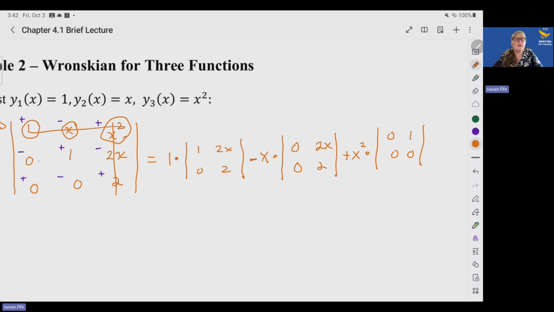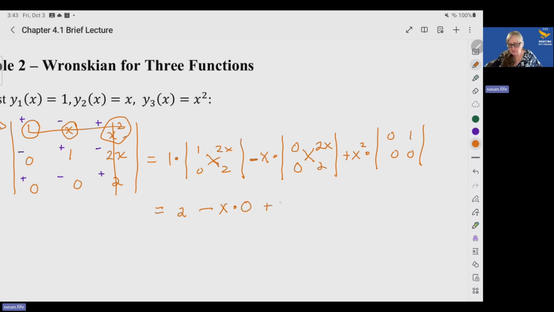Notice those signs that I have here in purple, those are only used for these coefficients, for the 1, the negative x, and the x squared. So now I'll calculate this. For that 1, that's just a 1. So here I'm going to get 2 minus 0, that's just 2, minus x times, here I have 0 minus 0, so that drops out.